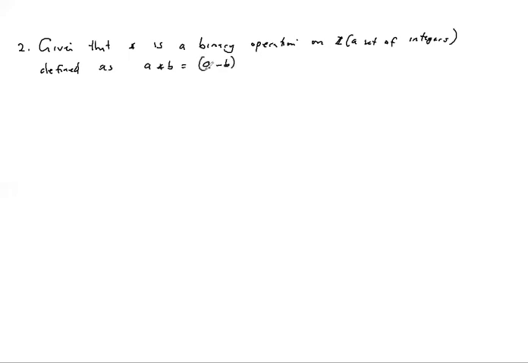Given that star is a binary operation on Z, a set of integers, defined as A star B is equal to A minus B squared plus 2AB.